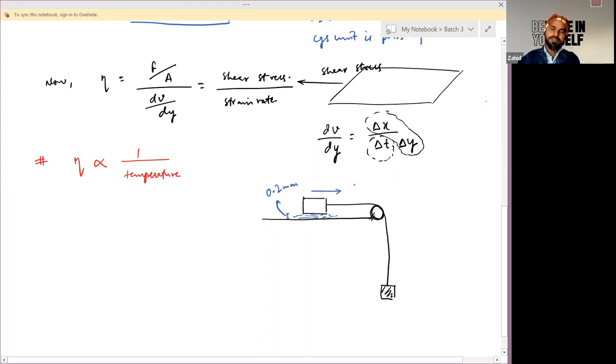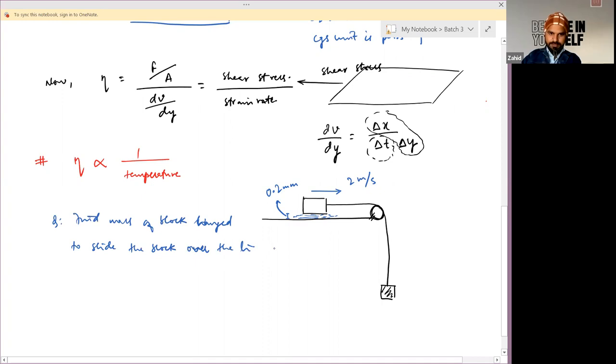If it slides along this direction at some constant velocity, 2 meter per second, find the mass of the block hanged to slide the block over the liquid, if eta is 0.005 Pascal second and the area of the liquid film is 1 mm squared.